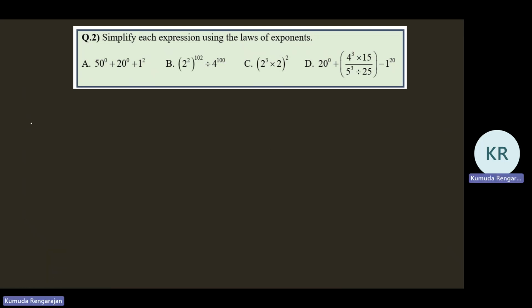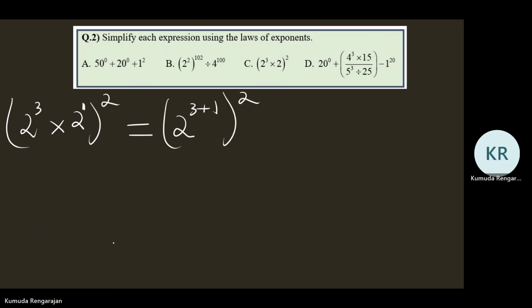Okay, so the question is 2 to the power 3 into 2, the whole power 2 is equal to, there's 1 here. Bases are same, it's multiplication. So we have to add the powers. 2, 3 plus 1, whole power 2. மிச்சதெல்லாம் அப்படியே எழுதிடணும். எங்க ரூல் யூஸ் பண்றோமோ அதுக்கு ரூல் போட்டு மிச்சதெல்லாம் அப்படியே எழுதிடணும்.